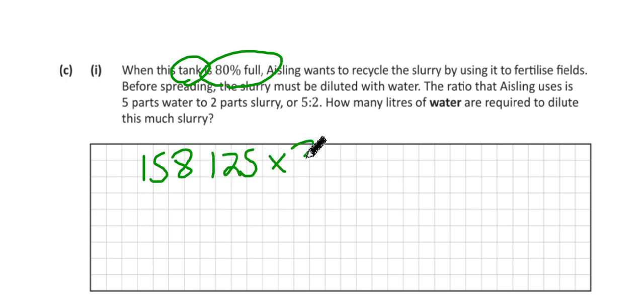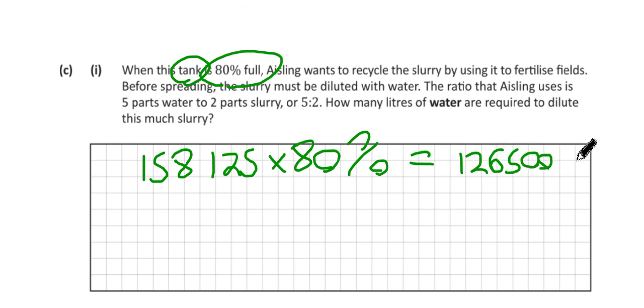And I'd like you to multiply that by 80%. Please be careful and give me the correct answer this time. So what do we get? It's 126,500 litres, yeah? Okay.